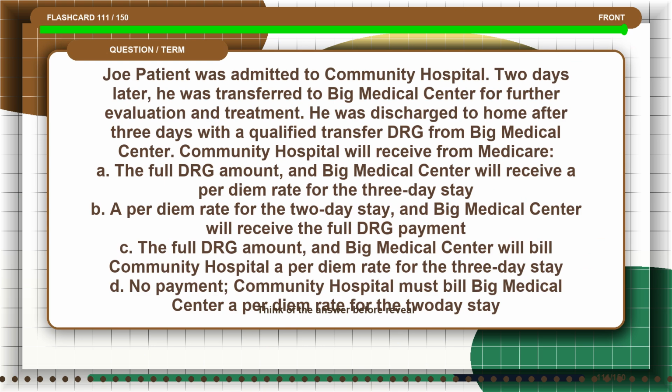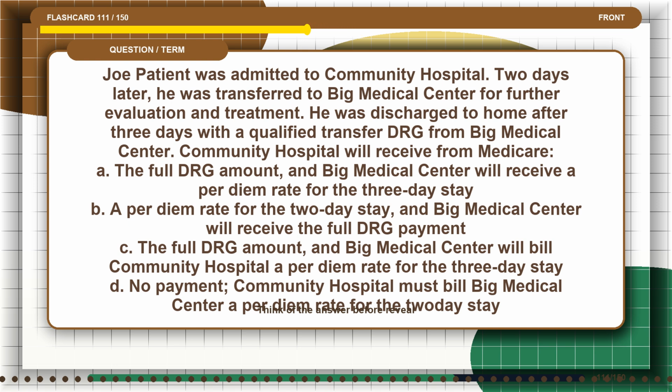Flashcard 111. Joe patient was admitted to community hospital. 2 days later, he was transferred to Big Medical Center for further evaluation and treatment. He was discharged to home after 3 days with a qualified transfer DRG from Big Medical Center. Community hospital will receive from Medicare: A. The full DRG amount, and Big Medical Center will receive a per diem rate for the 3-day stay.